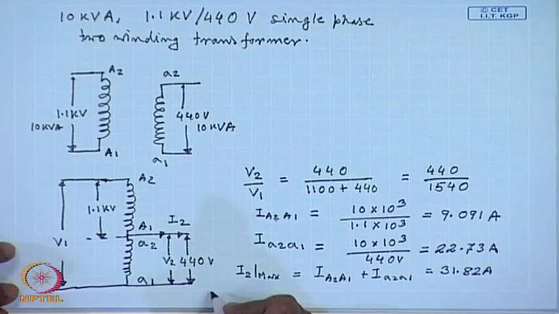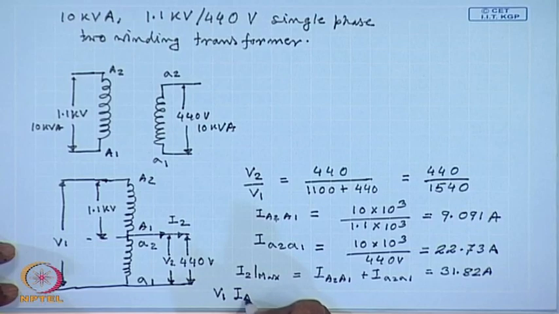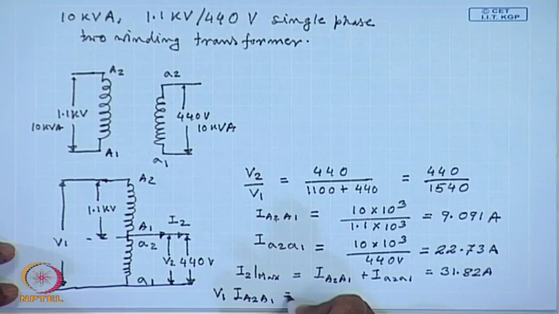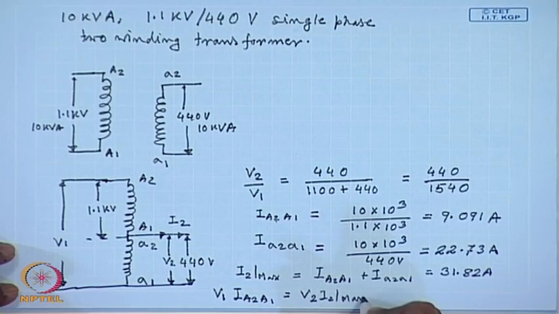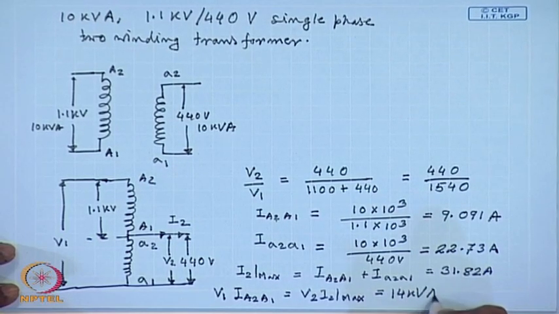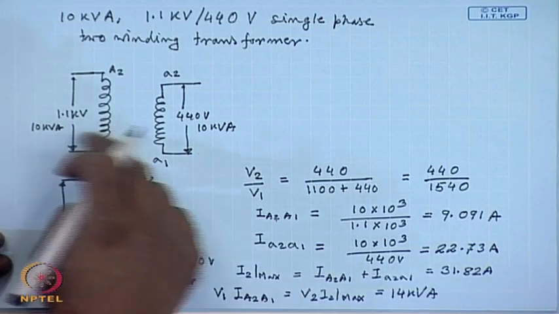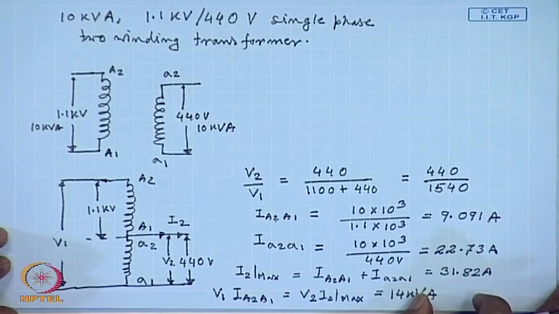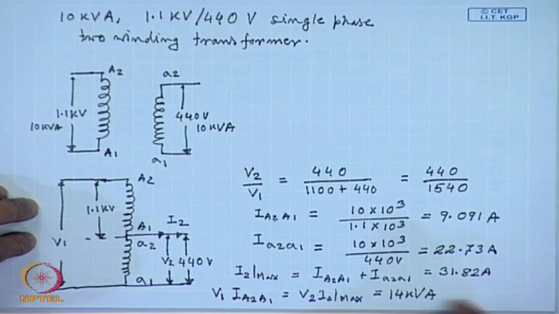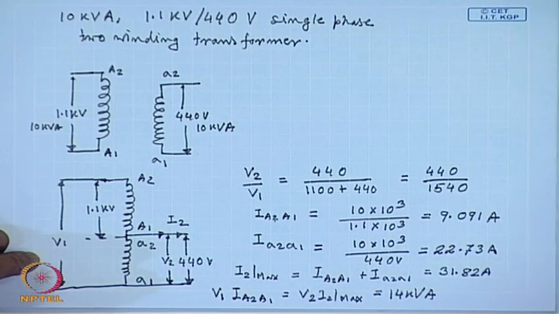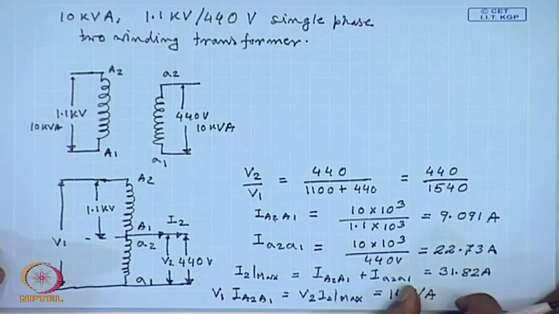Hence, the kVA rating will be V1 I1 equal to V2 I2 max. This comes to about 14 kVA. Hence, when I connect a two winding transformer with the two windings in series, I get an autotransformer whose kVA rating increases to 14 kVA.